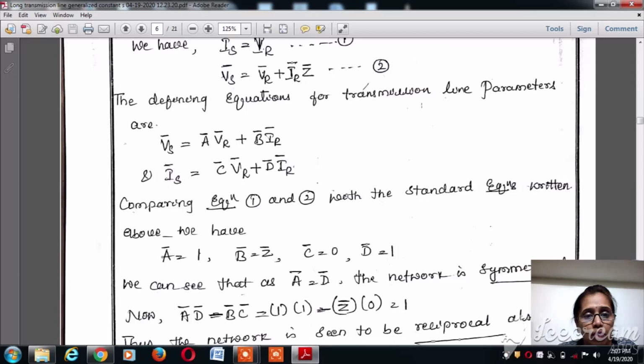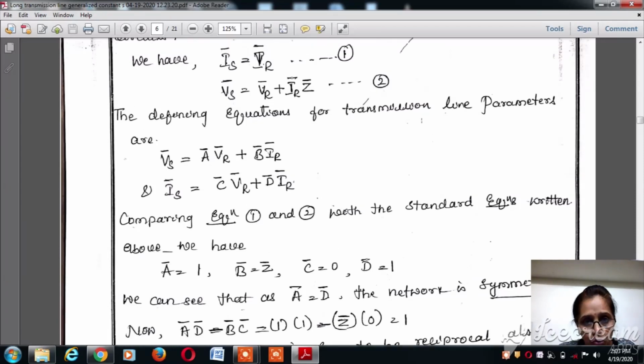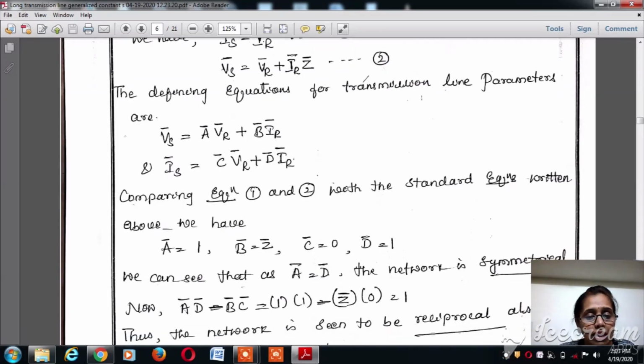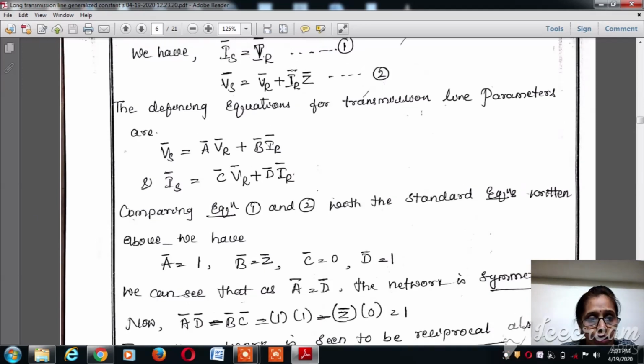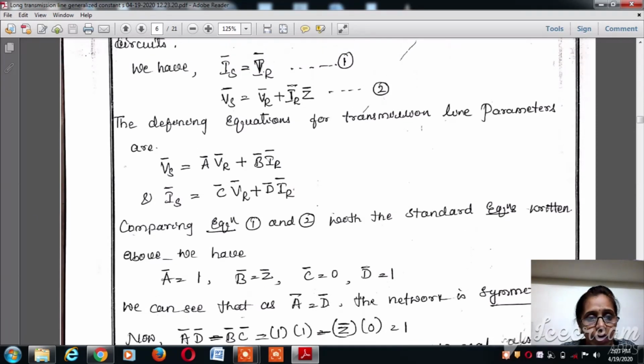Now compare equations 1 and 2, the set of equations for the sending end current and voltage, with the standard ABCD defining equations. VS is equal to A into VR plus B into IR.